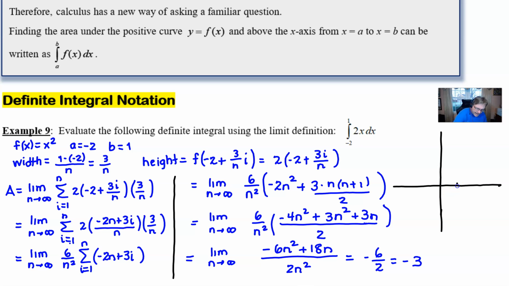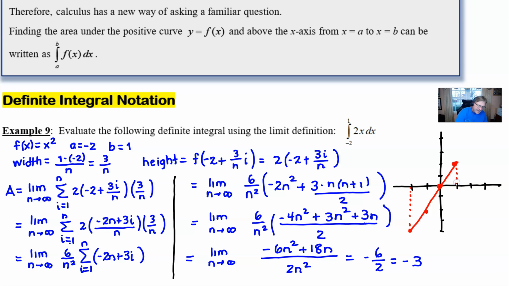that if we graph the function y equals 2x, we know that that is going to be a line. And that line is going to have a y-intercept of 0 and a slope of positive 2. So in other words, that line is going to look a little something like this along this interval, negative 2 to positive 1.